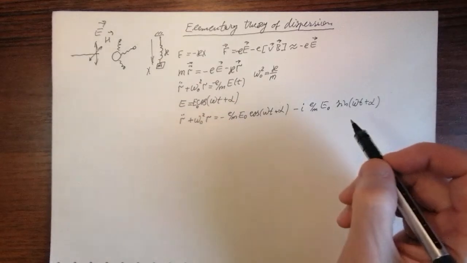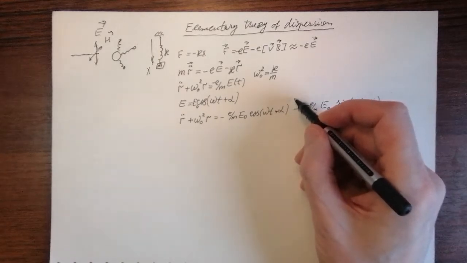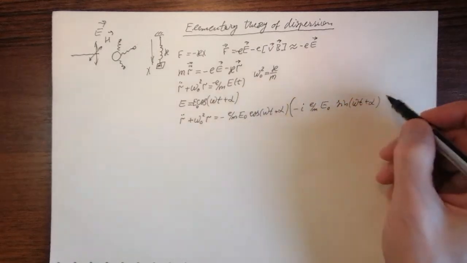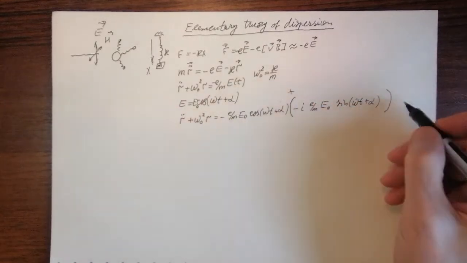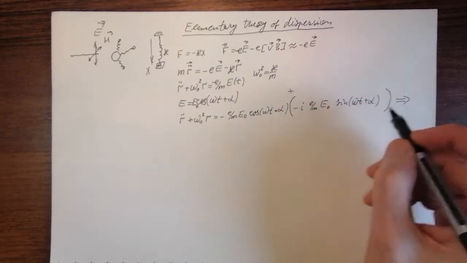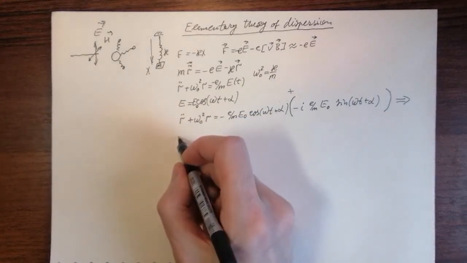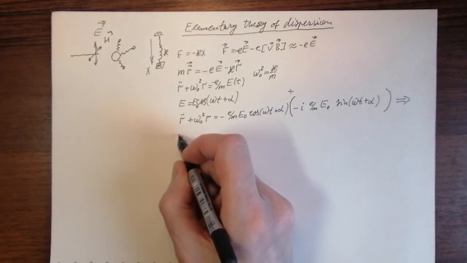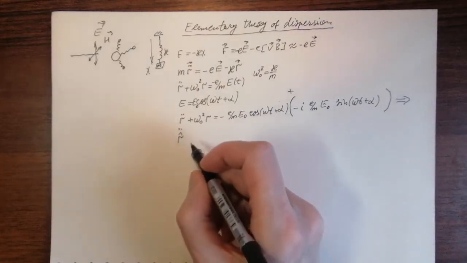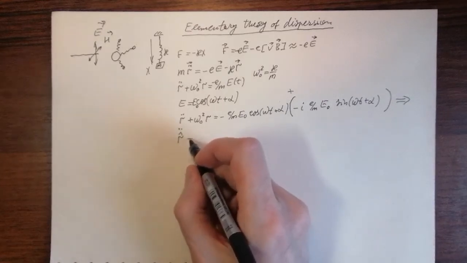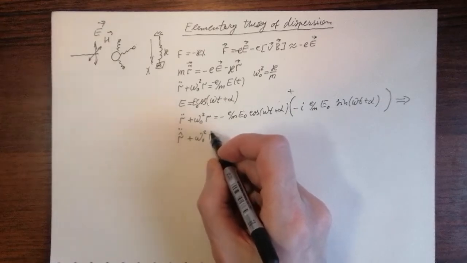When we do it, we immediately make the left part complex. So I will not add it immediately, but I say if we add this part, then we will have the next equation: r, this will be complex, and second derivative, plus omega 0 squared, and r is again complex.